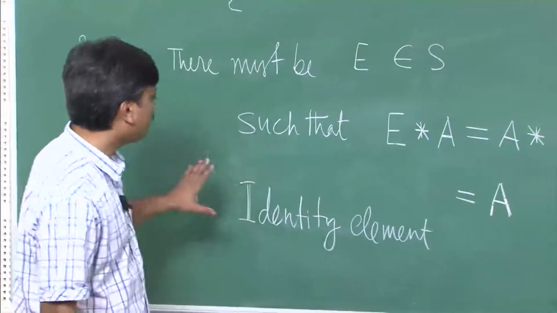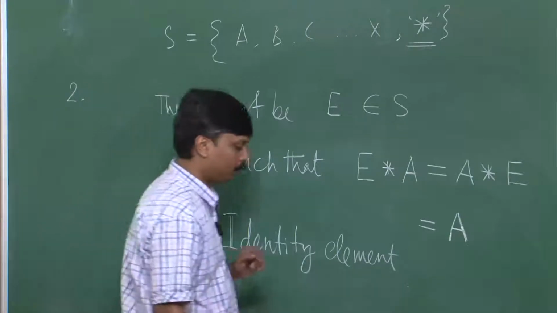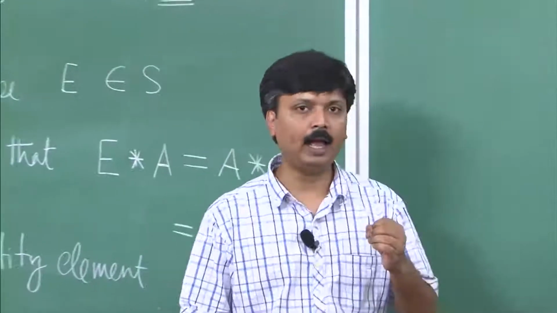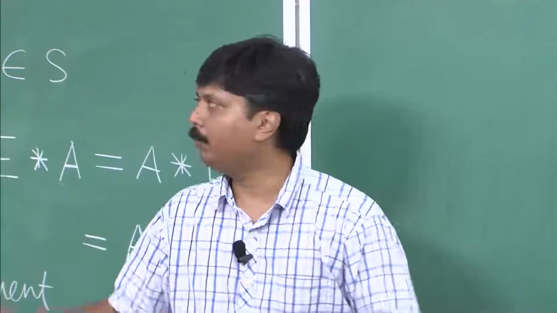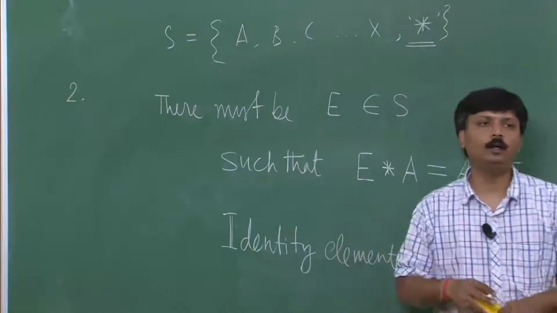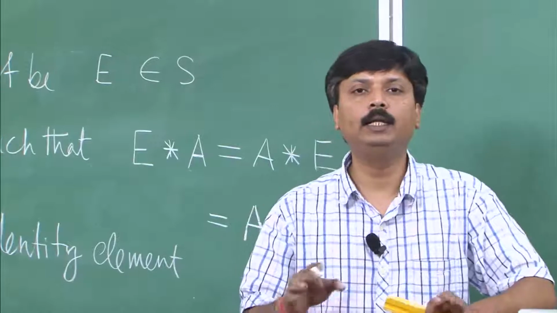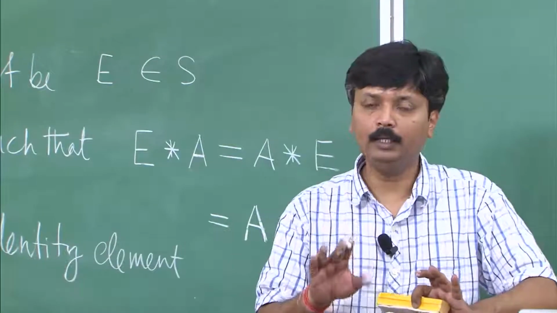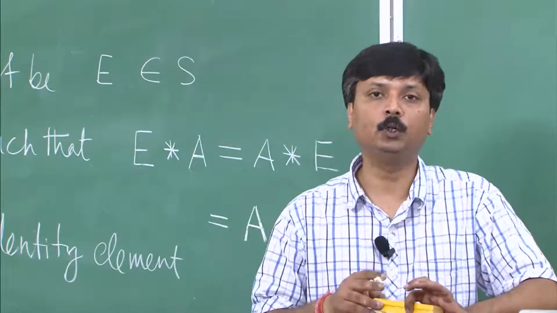So according to rule 2, there must be an identity element defined in that group. Whatever we said so far, we can say in a single sentence: we need an identity element to be present in the set. Then only I can call this a group.